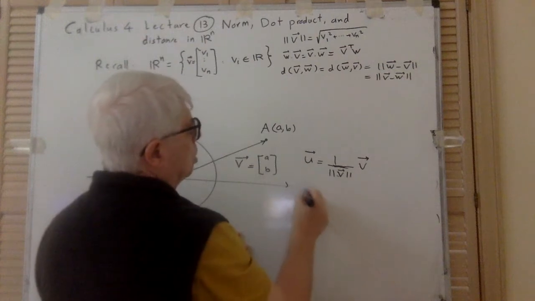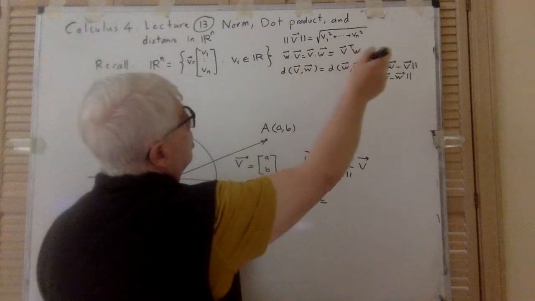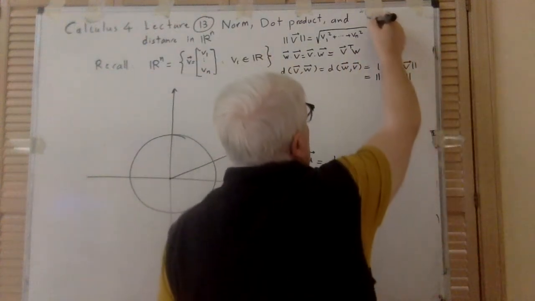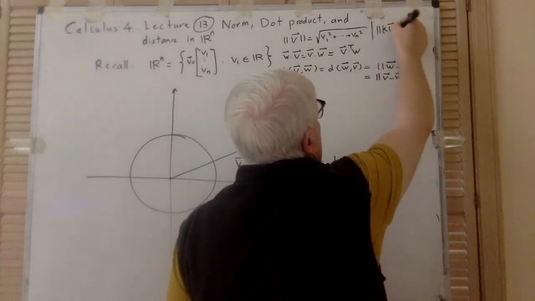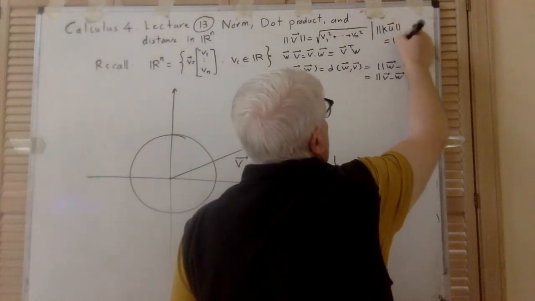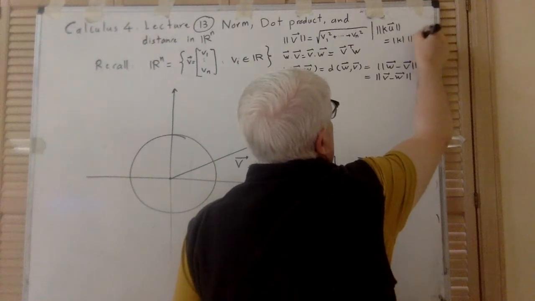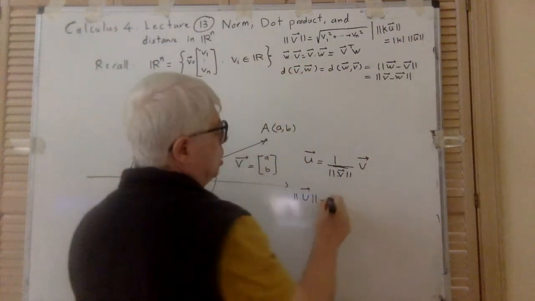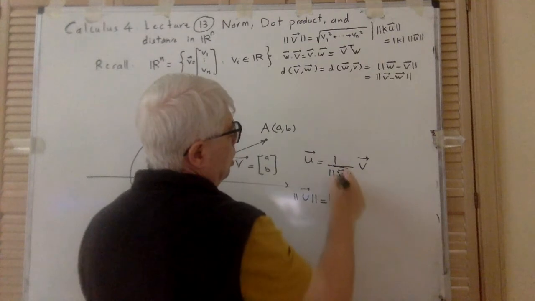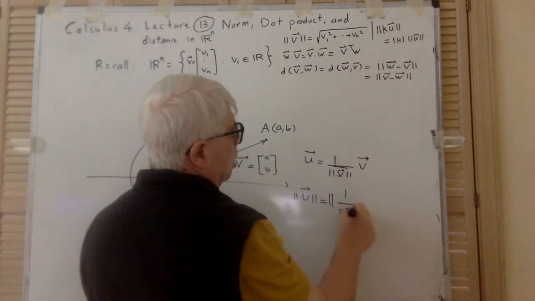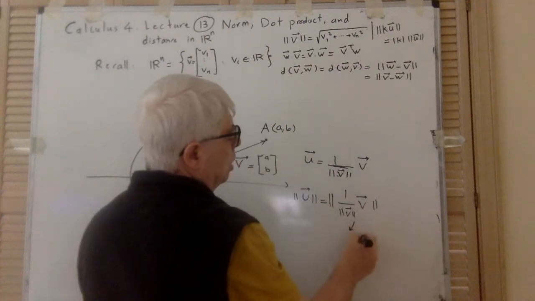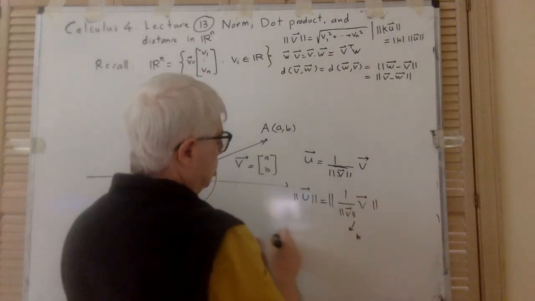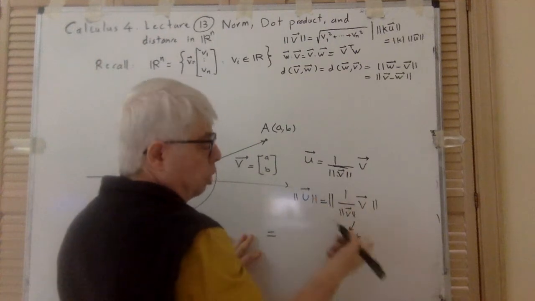The norm of this new vector is simply, remember one of the properties that we had: the norm of k times u is the absolute value of k times the norm of u. Here 1 over the norm of v is the constant k, and it is always positive.